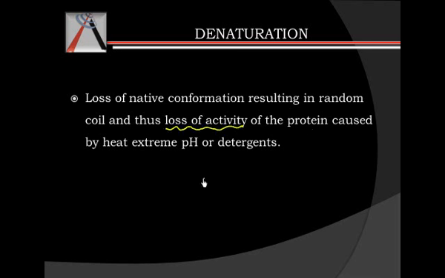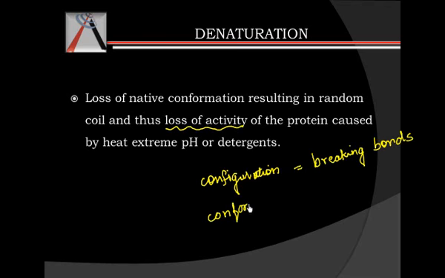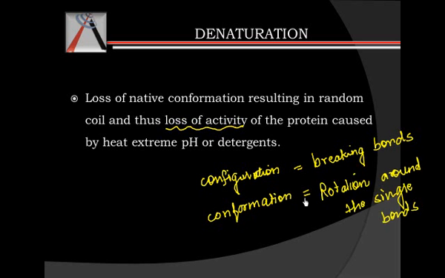So what we saw was that a change in configuration needs breaking of bonds, while a change in conformation needs rotation around the single bonds. It does not need any breaking of bonds. And in denaturation, there is a change in conformation of the proteins, resulting in loss of activity.